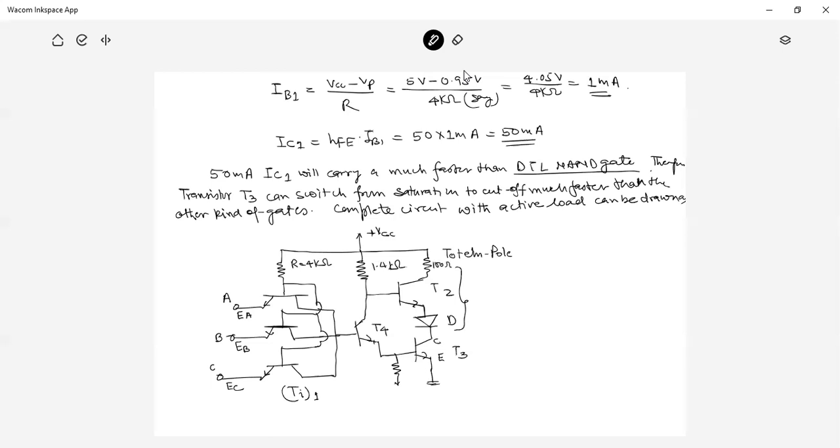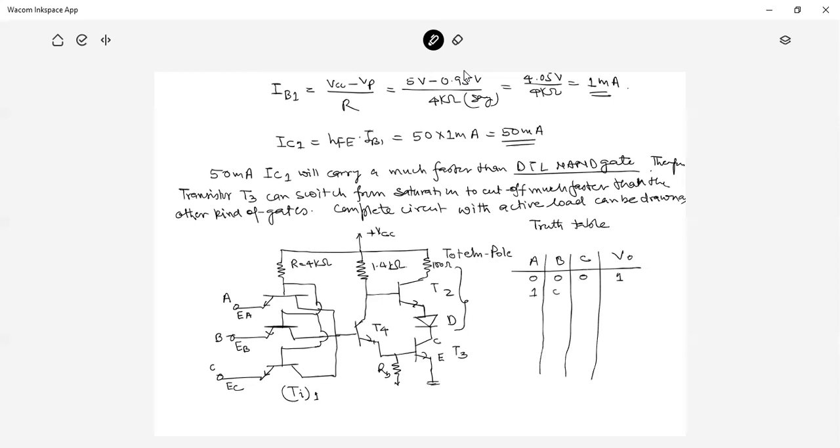What do you mean by this totem pole? So the truth table can be drawn as A, B, C, and output V0. If all are 0, then it is 1.